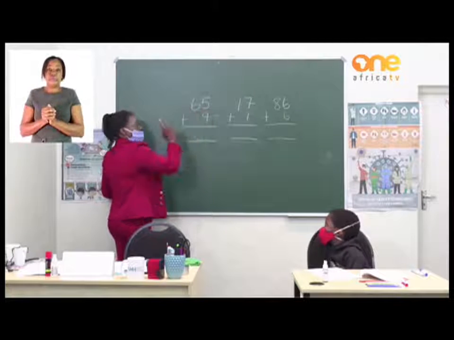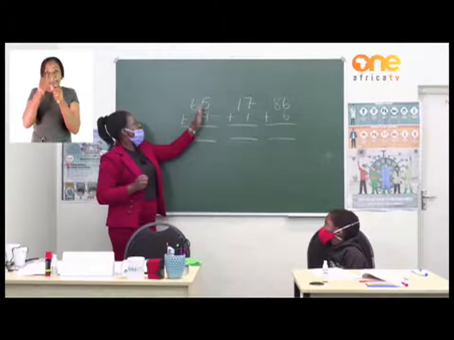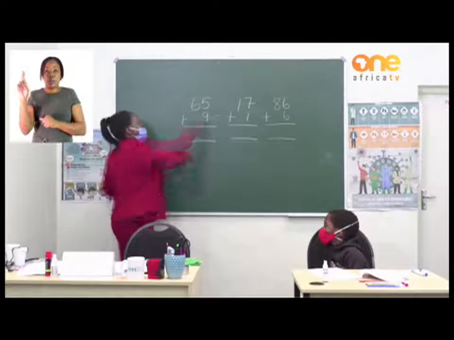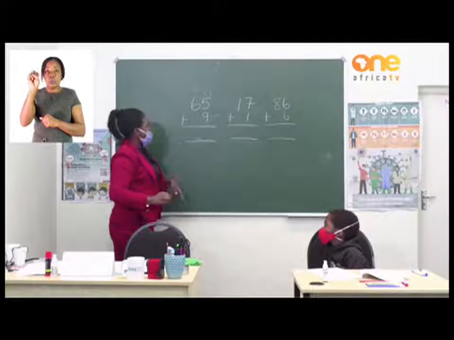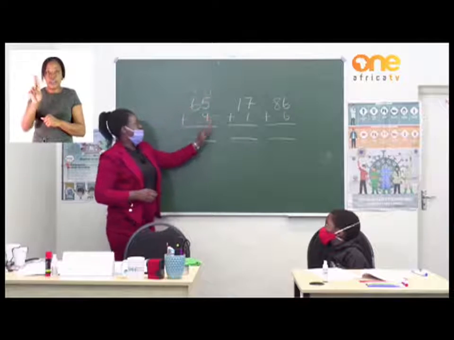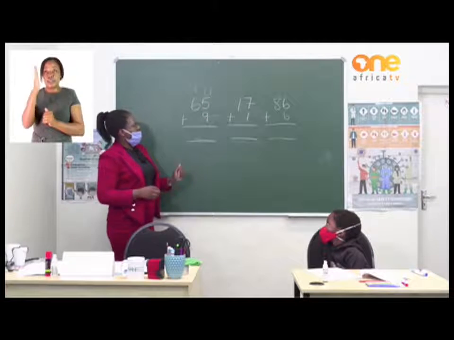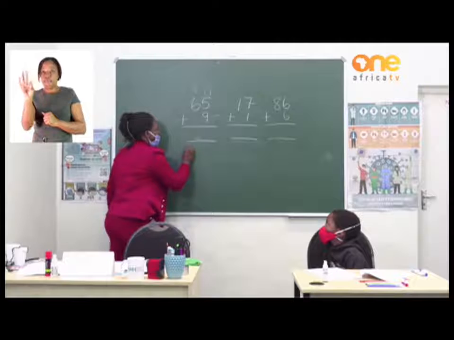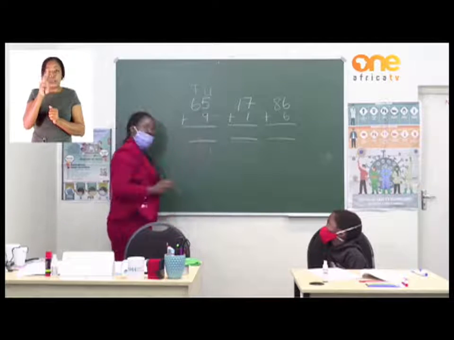Remember, whenever we are adding or minusing, we have to start on our right side. Remember the place values? These are the units and those are the tens. So we have to start with the units first. So 5 plus 9, what will the answer be? I'm going to use the sticks on the chalkboard. Follow with me. 1, 2, 3, 4, 5. That's a 5.